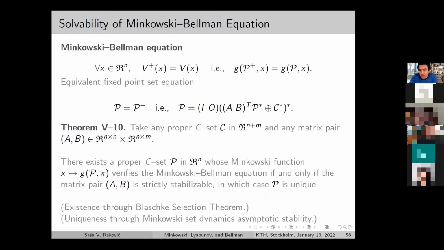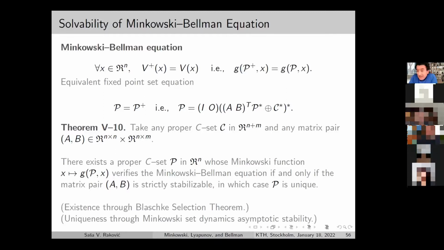Now, the proof of this fact is highly non-trivial. It's very intuitive, but I had to use a rather sophisticated theorem for engineering. It's called the Blaschke selection theorem, which says that from any sequence of bounded convex sets, you can extract a convergent subsequence. This is for finite dimensional spaces. And then that would give you existence of a fixed point.